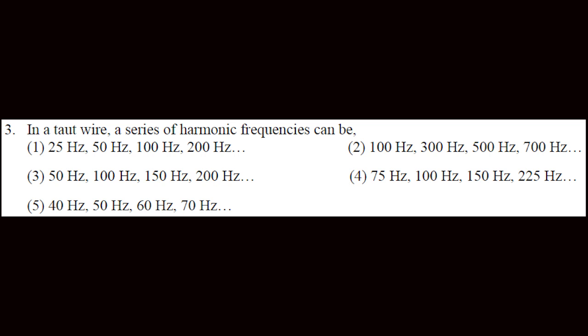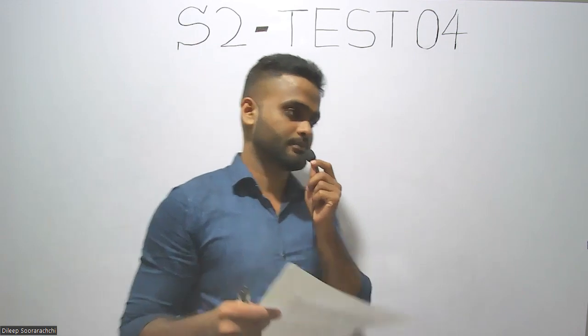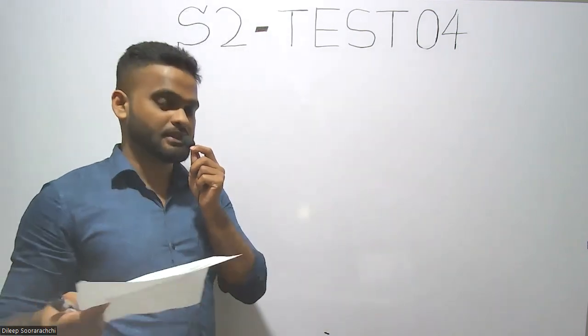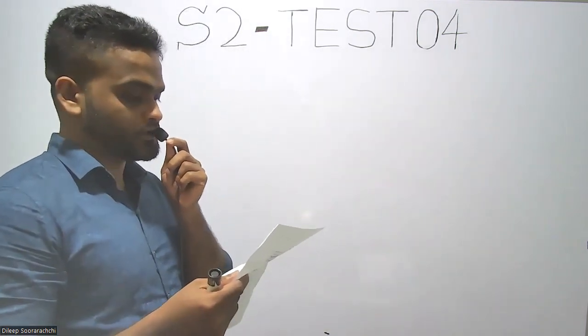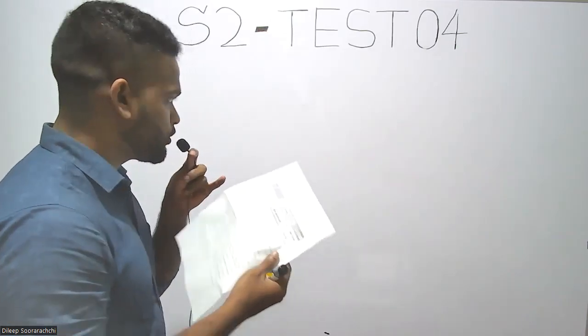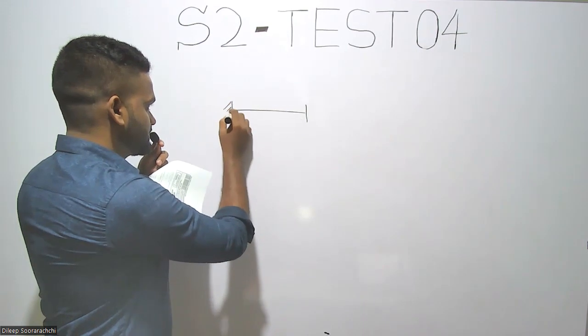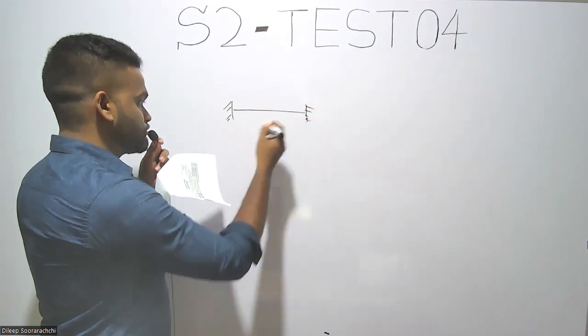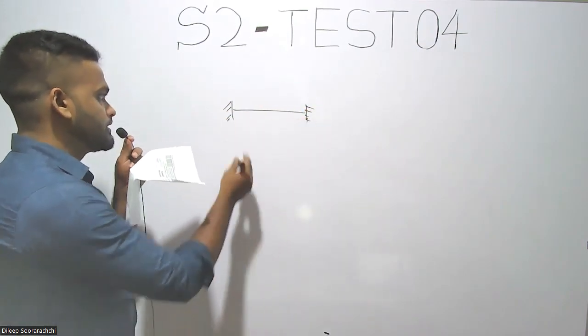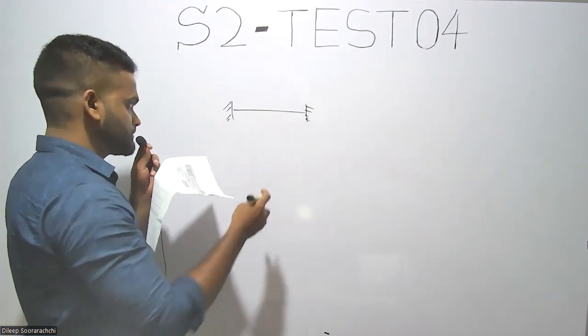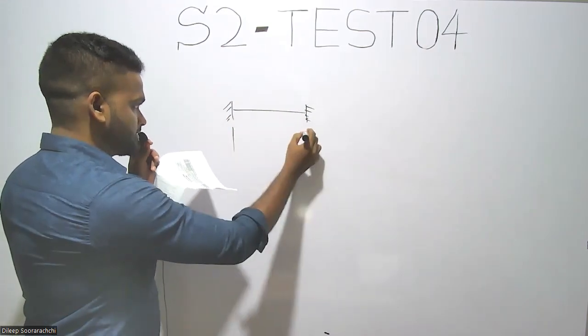Third one: in a taut wire, a series of harmonic frequencies can be. I'll explain this a little more. A taut wire means a wire attached to two rigid ends. So we can have these patterns in that wire.